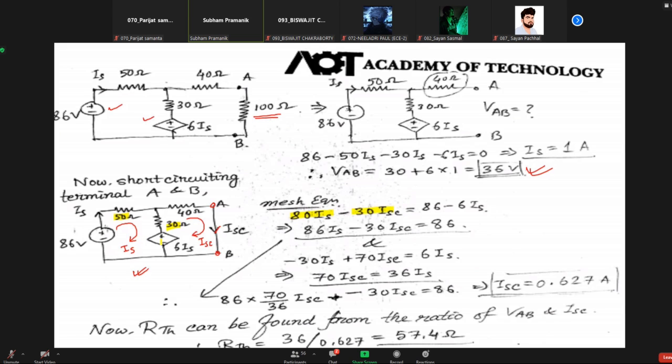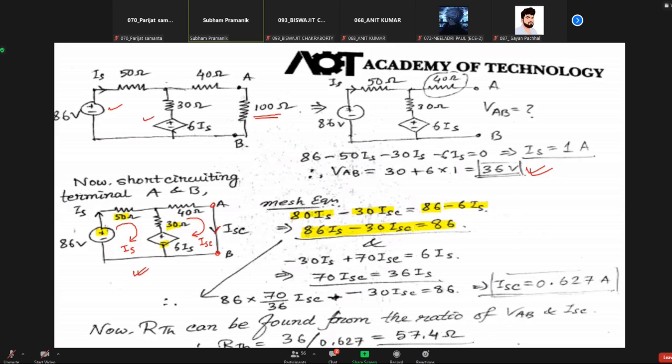Next, at the right hand side, if the current is coming from a minus sign, then minus, so minus 6 IS. If the current is coming from a plus sign, see the circulation of current, then you will understand. The circulation of current shows that when IS flows, it is coming out of the negative sign of this dependent source. So minus 6 IS, and when it flows like this in clockwise direction, it is coming out from this plus sign of 86. So plus 86. So simply from this, we obtain the first equation.